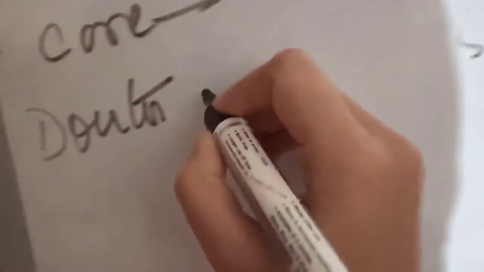We can divide the core into two portions: one is the outer core and the next is the inner core.